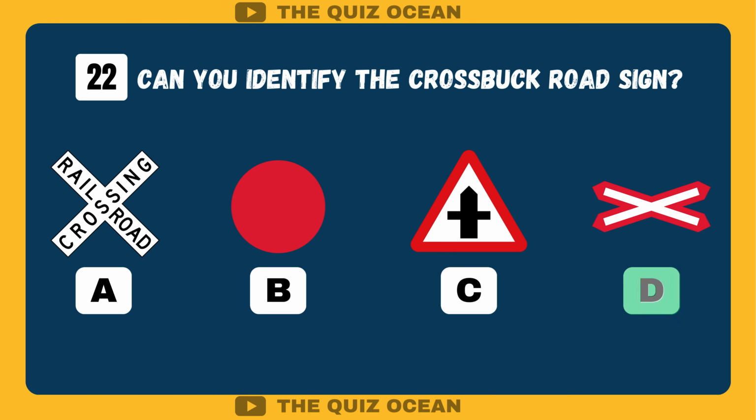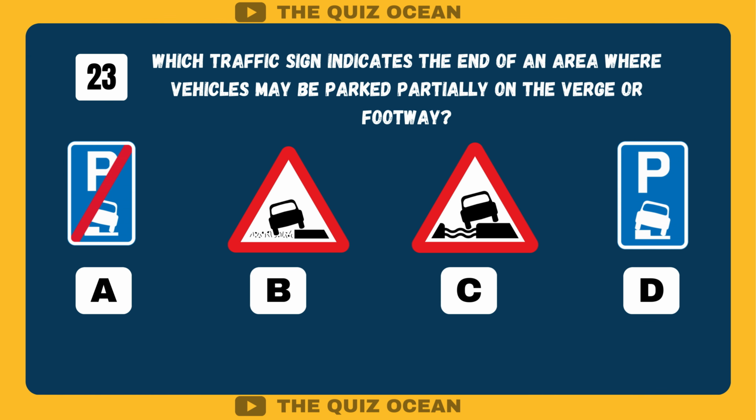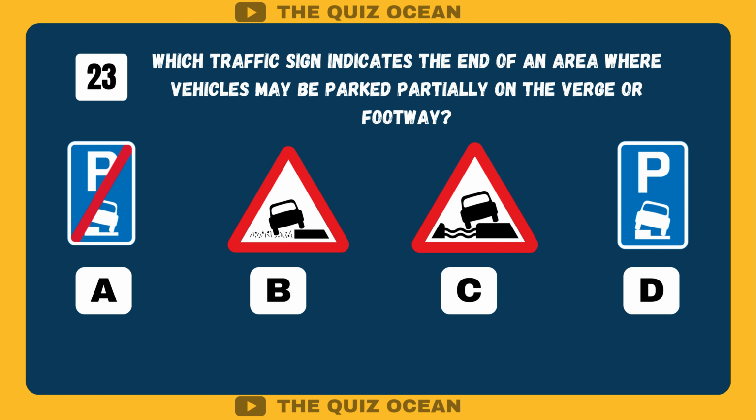The answer is D. Question 23. Which traffic sign indicates the end of an area where vehicles may be parked partially on the verge or footway? The answer is A.